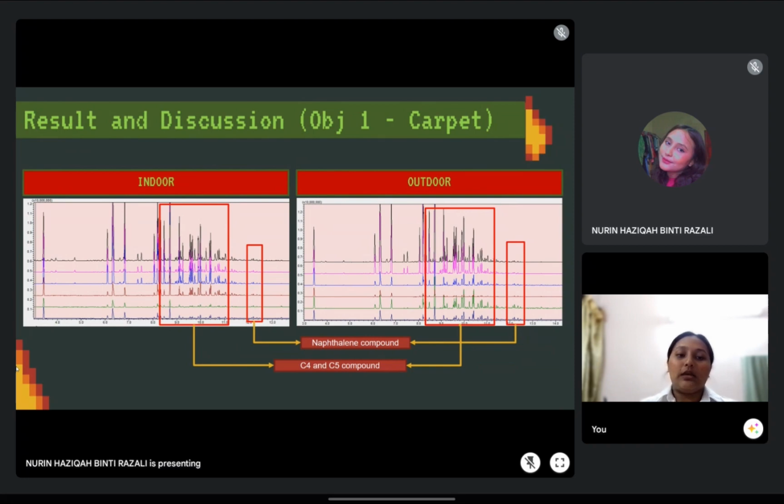In this TIC, it does show that the peak height of the low molecular weight compounds does decrease over time. However, as shown in the diagram, the peak height between indoor and outdoor does show difference, especially in the interval between 6 hours until 16 hours. In outdoor, the peak height of the high molecular weight compounds seems to be much higher than indoor.